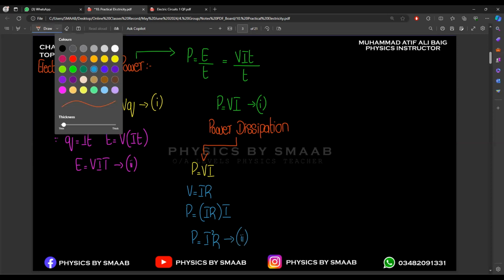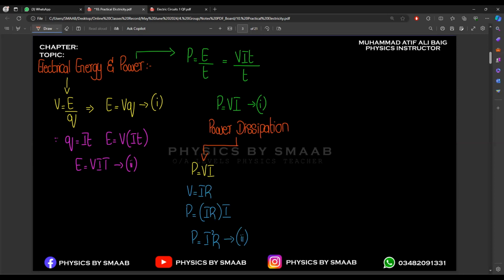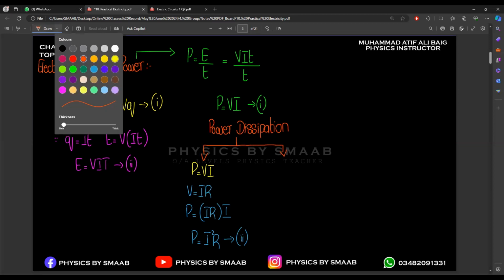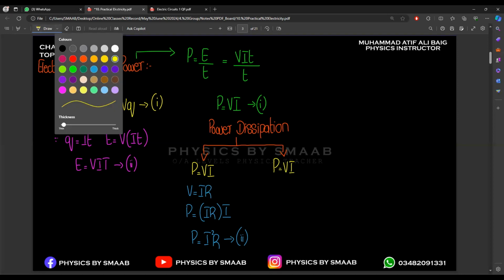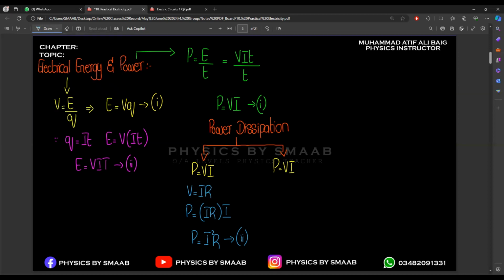And the second possibility is if we substitute the value of I, so I will be equal to V over R according to Ohm's law.